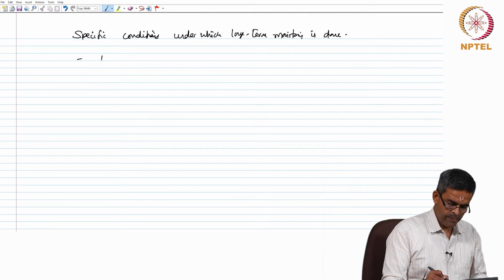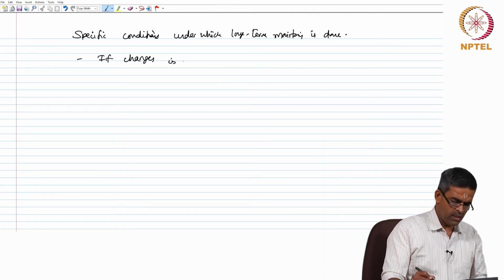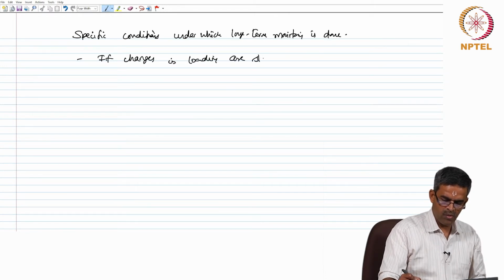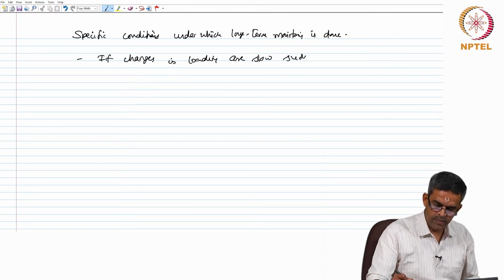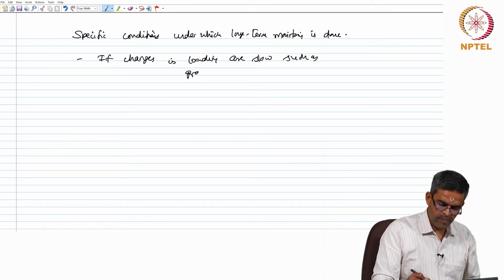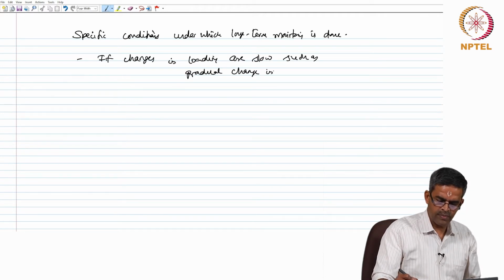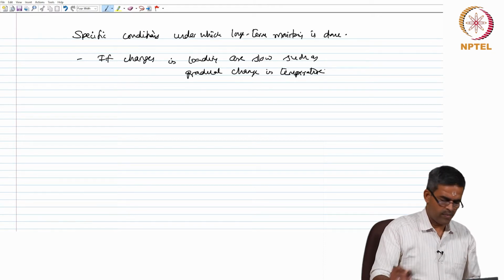Firstly, if changes in loading are slow, such as gradual change in temperature, then one should go for long term monitoring.